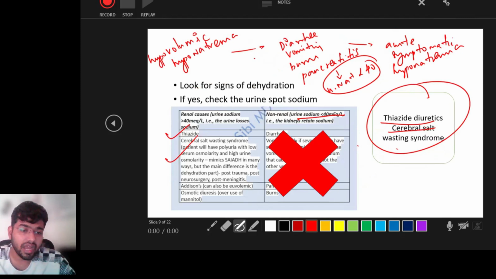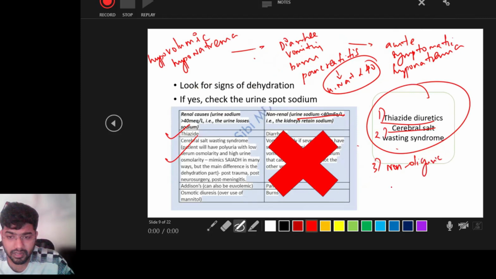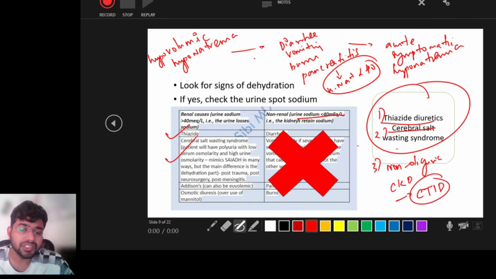Along with this, I have to add one more important cause, that is non-oliguric CKD. That is not CKD exactly, it is CTID. Here, since the tubulointerstitium is damaged, patients won't be able to concentrate urine and they will have polyuria.